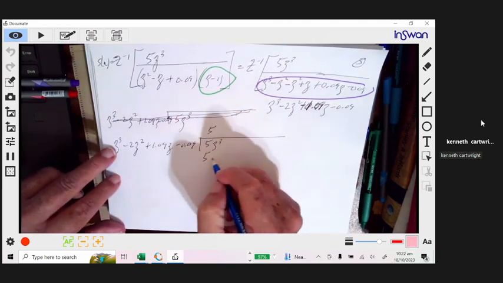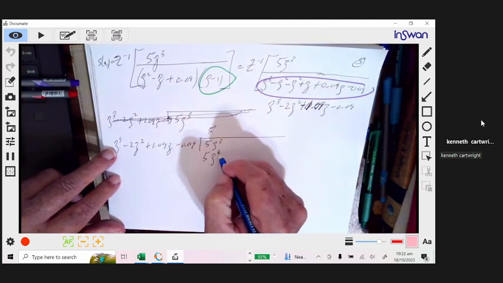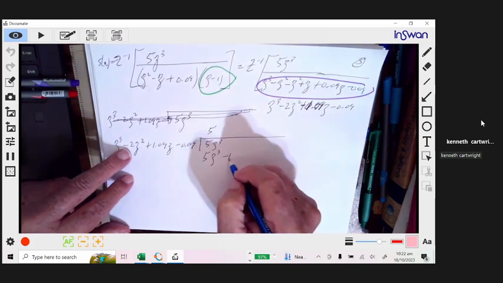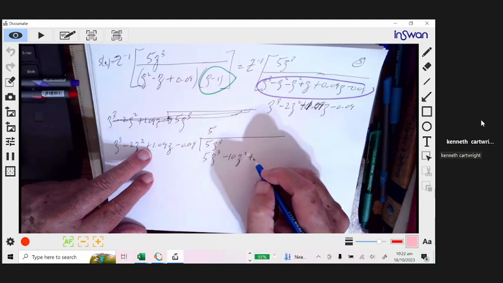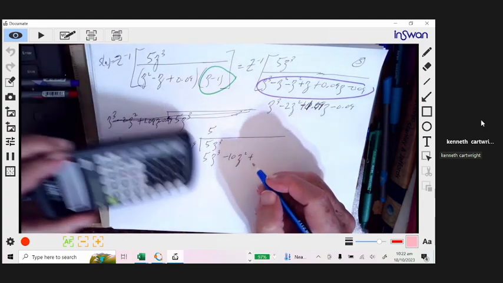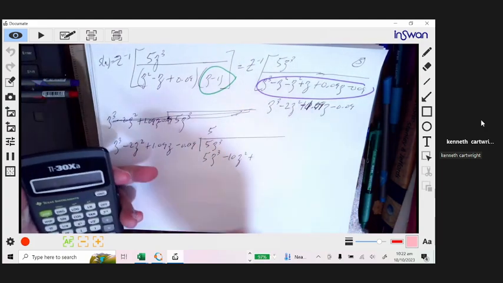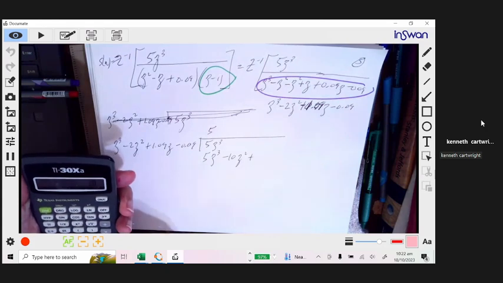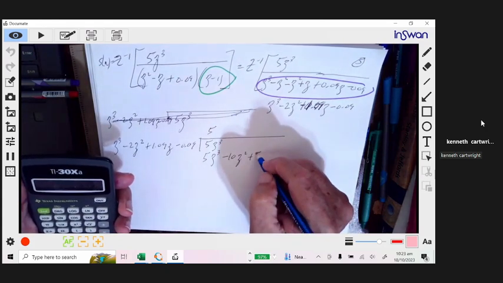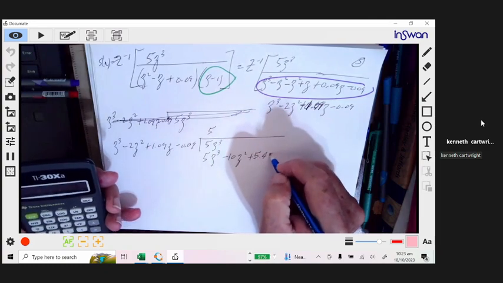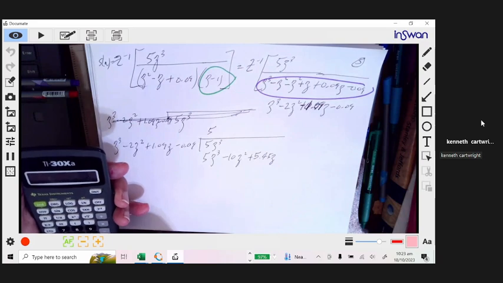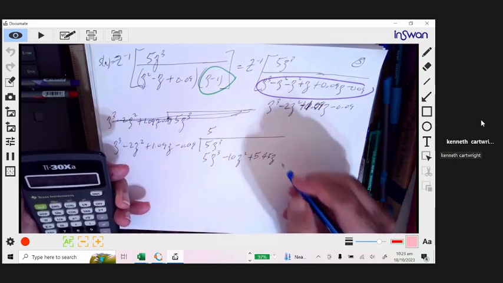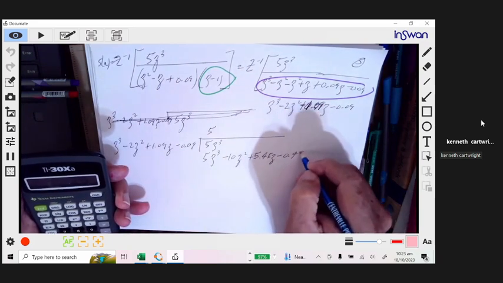So 5z cubed minus 10z squared plus 1.09 times 5, 5.45z, 5 times 0.09, minus 0.45.